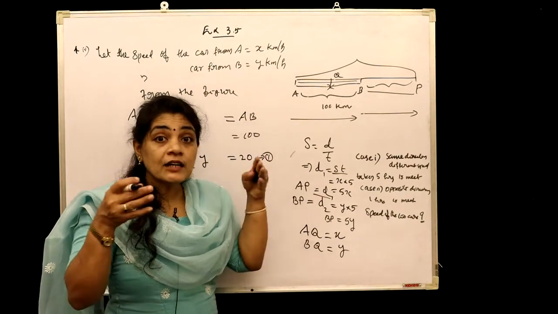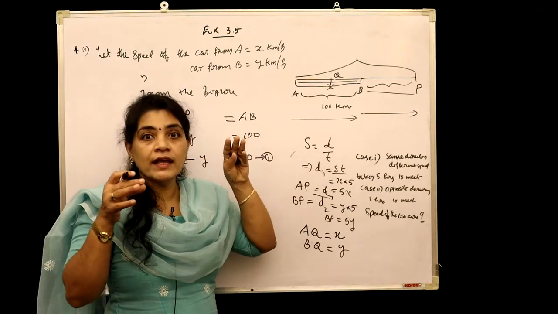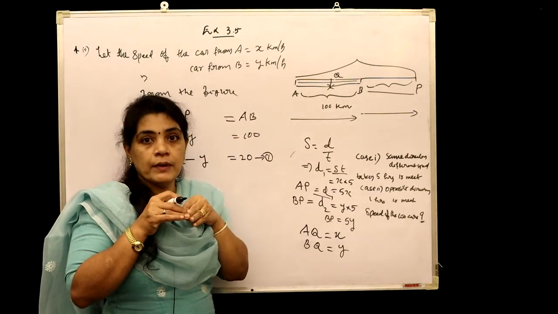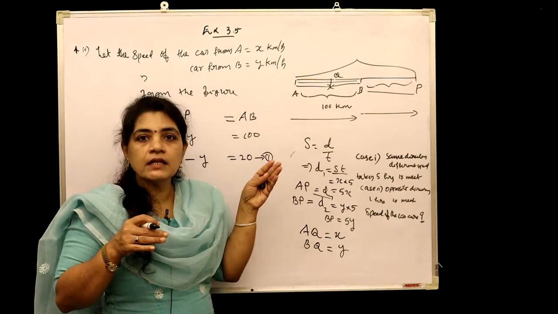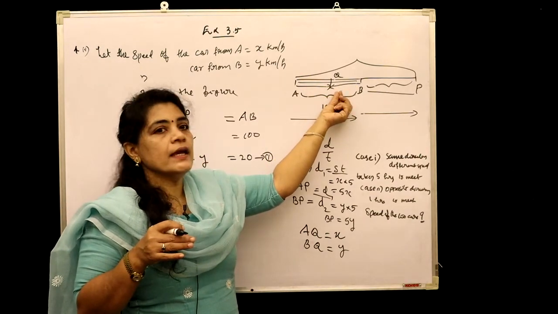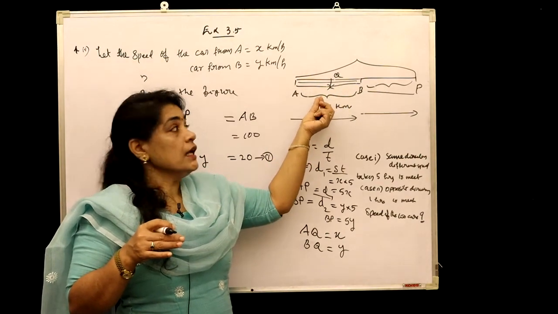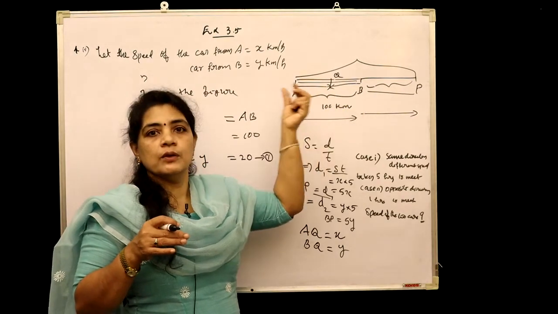Understood? And in terms of this AB, we are formulating the equation. What is this AB, children? From the figure, AB is nothing but AQ plus BQ.